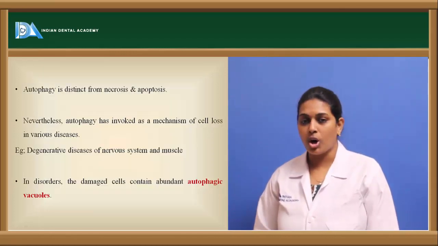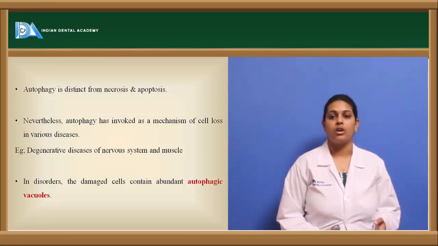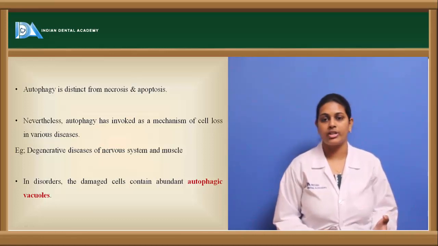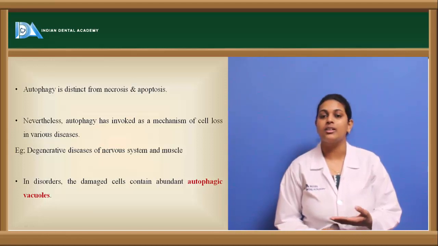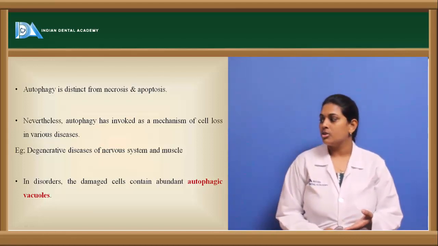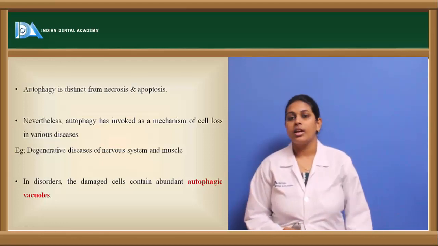Autophagy is a process which is completely different from necrosis and apoptosis. As we have discussed, autophagy is a kind of survival mechanism, whereas necrosis and apoptosis are cell death mechanisms. Nevertheless, autophagy has been invoked as a mechanism of cell loss in various diseases.